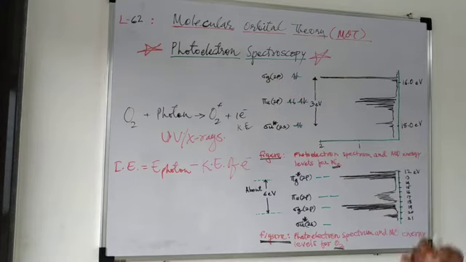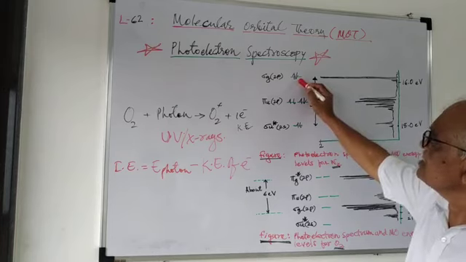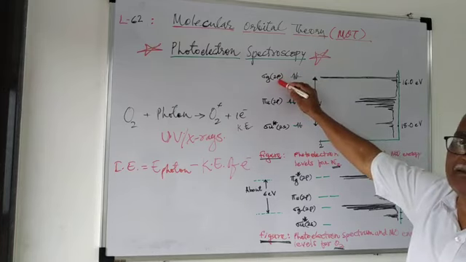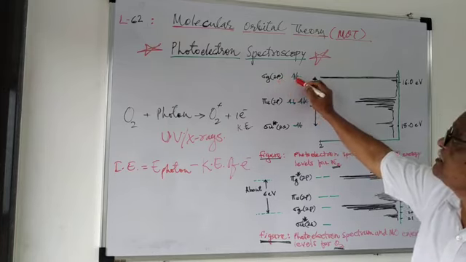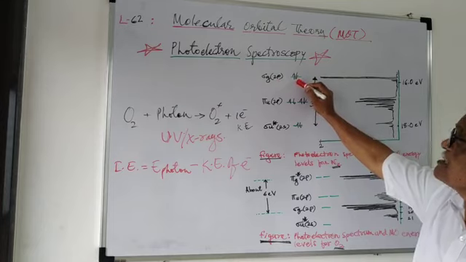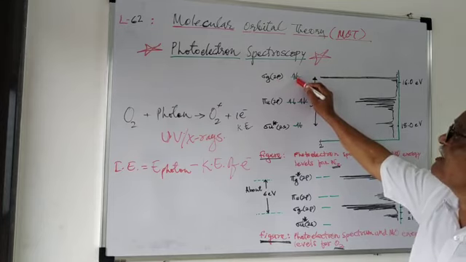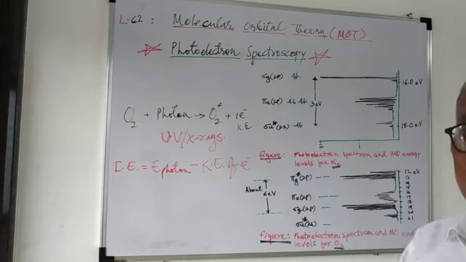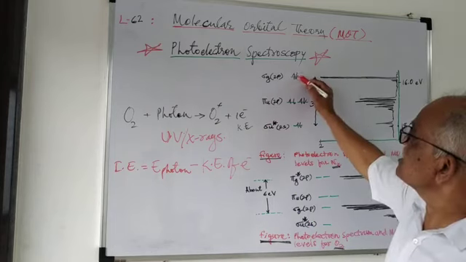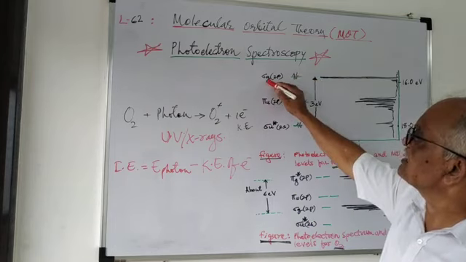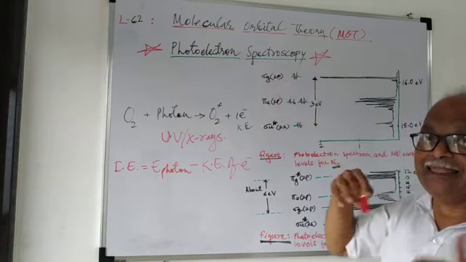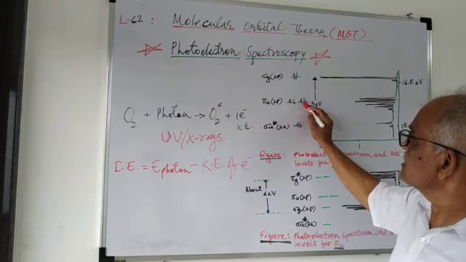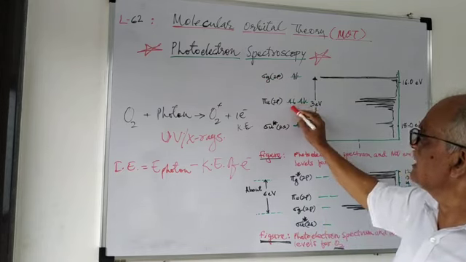Now you will see that this is a higher energy level, and therefore the electron present in this molecular orbital requires less energy to remove the outermost electron. It means the ionization energy of the electrons present in this sigma g is less, whereas the ionization energies of these molecular orbital electrons are relatively more.